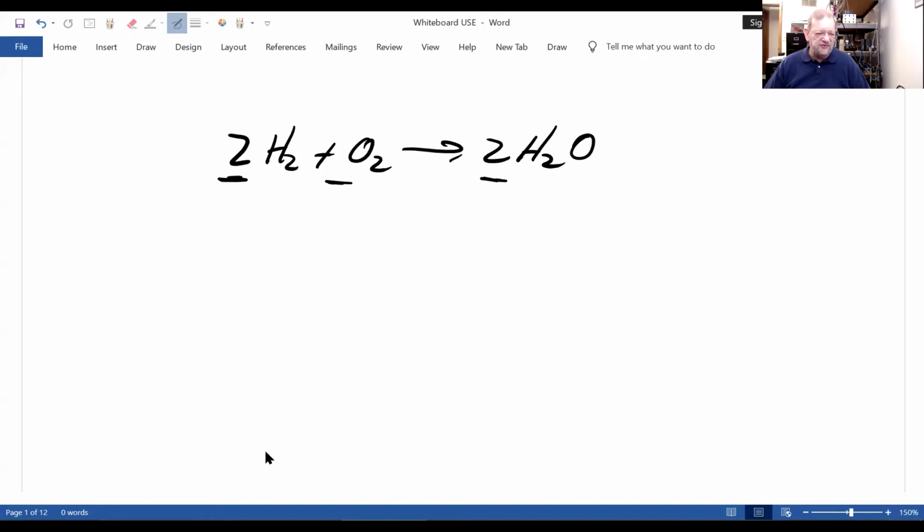And this tells us 2 moles of hydrogen react with 1 mole of oxygen to make 2 moles of water. And that's very important because that allows you to make ratios. And when you make a ratio, you can use your good buddy, your good friend, unit analysis.